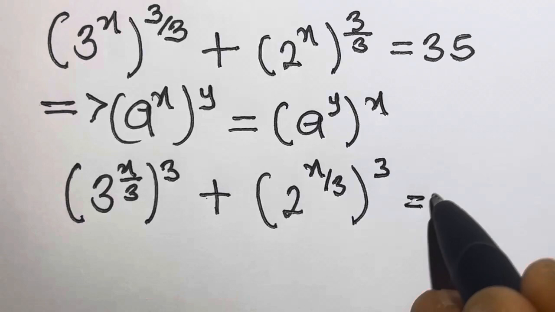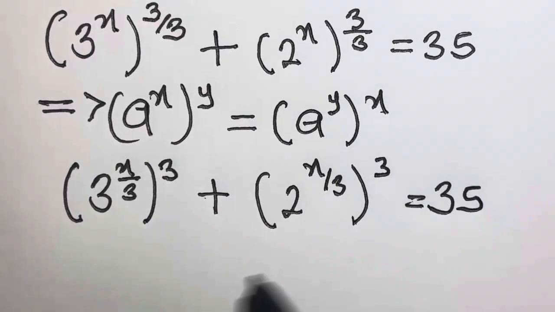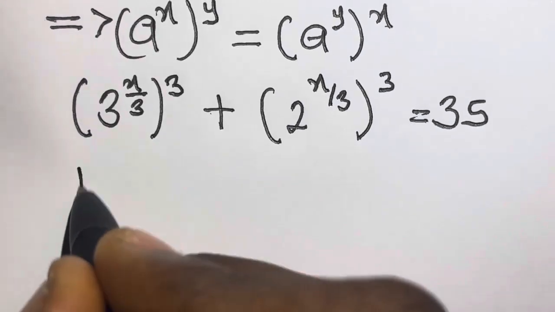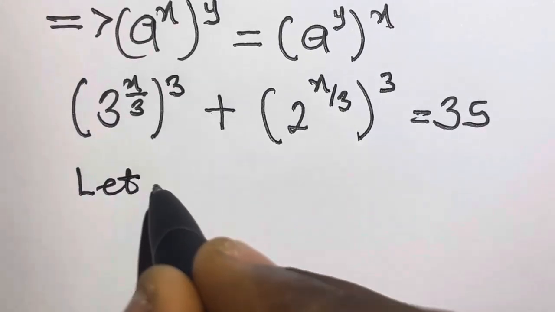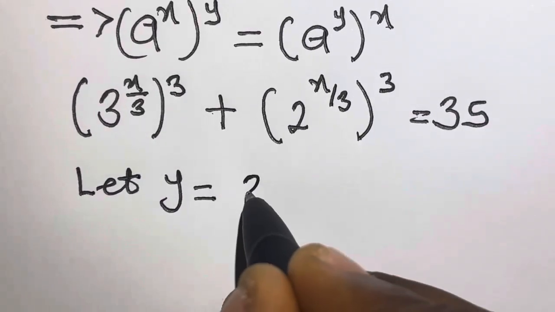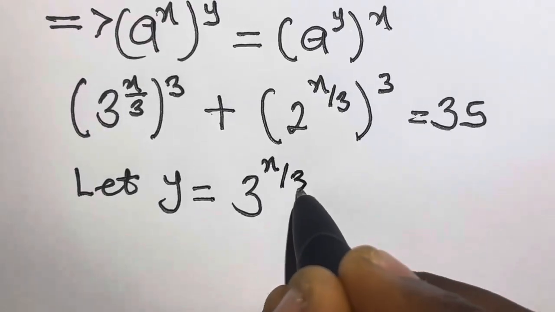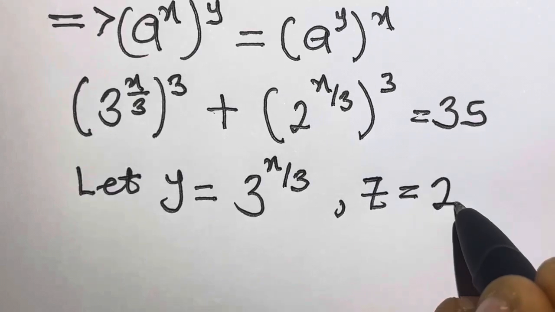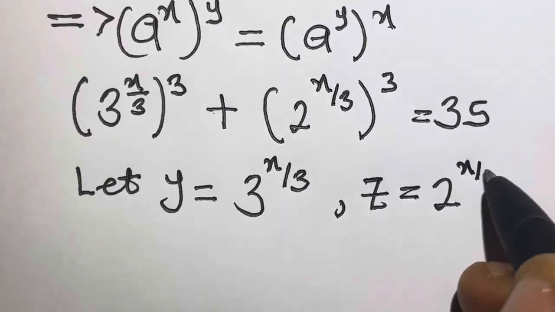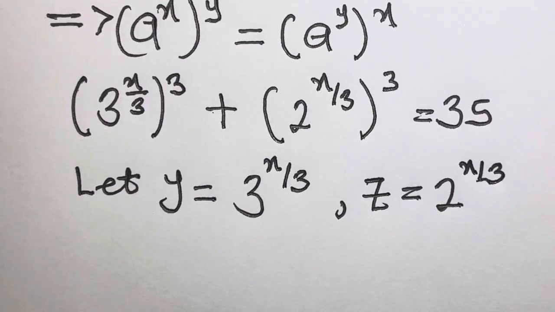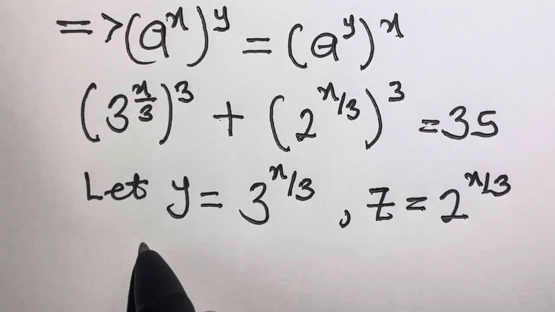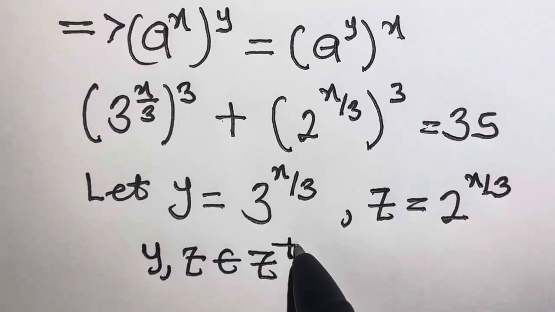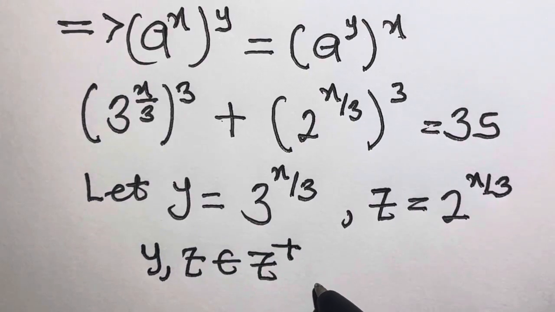So equals 35. And from here, let y equal 3 raised to power x divided by 3, and let z be 2 raised to power x divided by 3, for y, z belonging to positive integers.